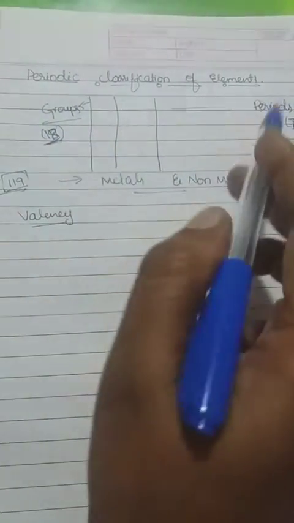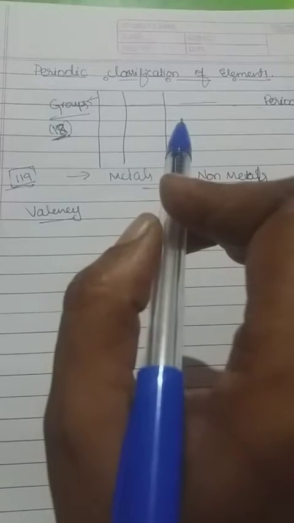They are kept in order: which element comes in which group and which period. That is called the periodic classification of elements, the arrangement of elements in definite periods and groups in one table.